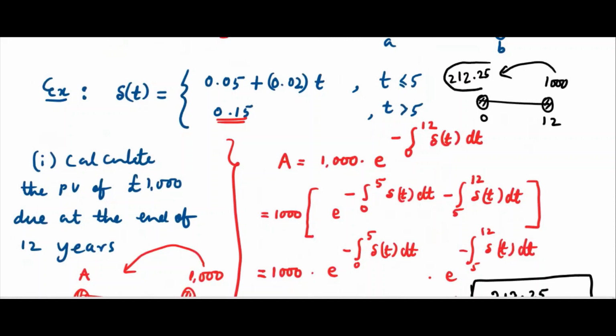That means if you deposit this amount with this force of interest, it will grow to 1000.